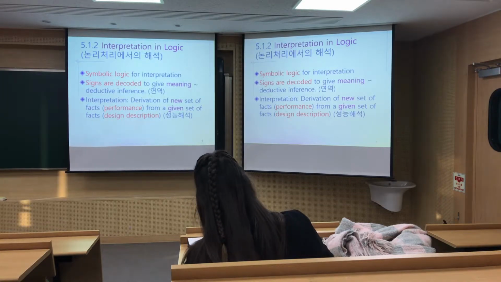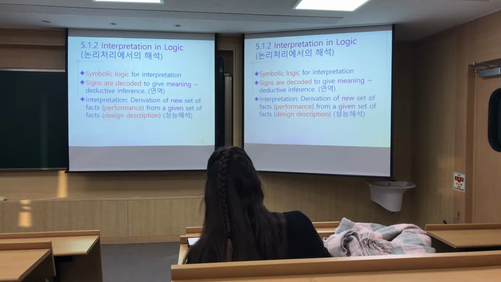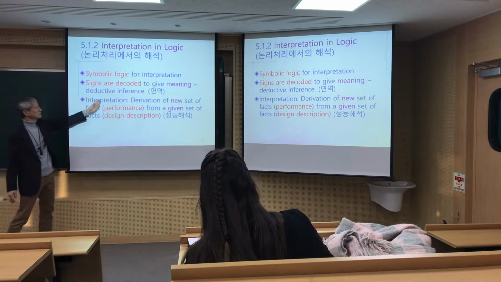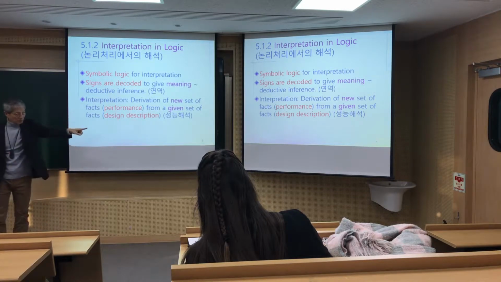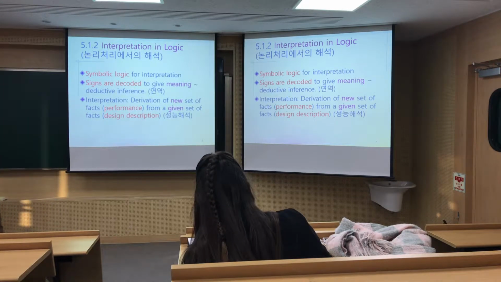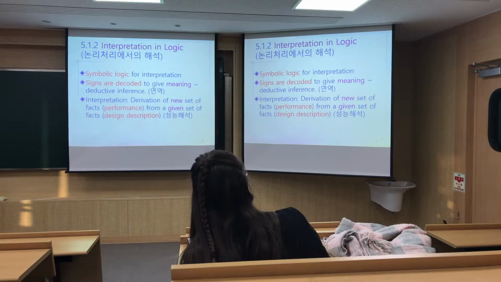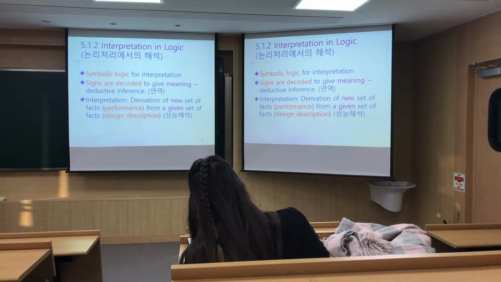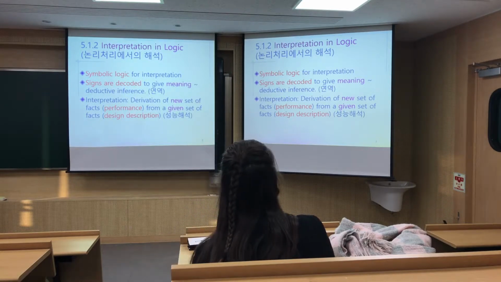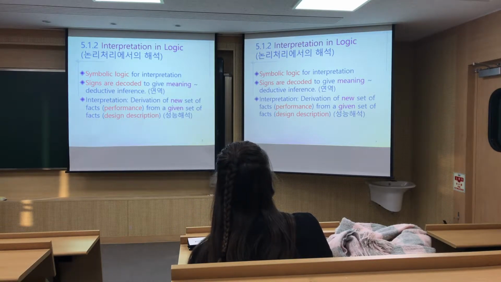And in mathematical logic, there is symbolic logic for interpretation. So signs. This one is also signs, a string of signs, right? Symbols or signs, or graphical signs, or sound, or an image that gives you a sign, are decoded, parsed, or interpreted to give meaning by the listener or the watcher.